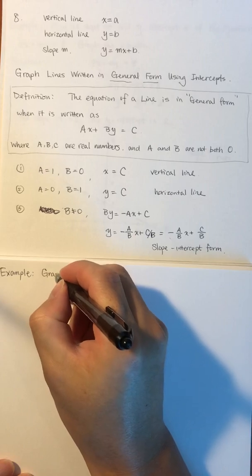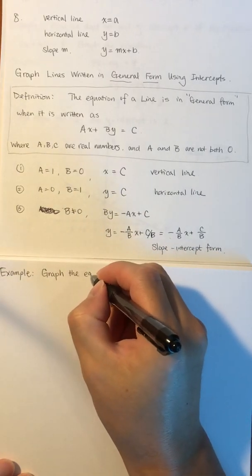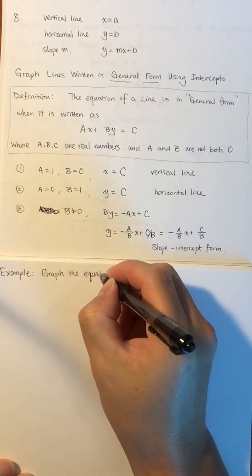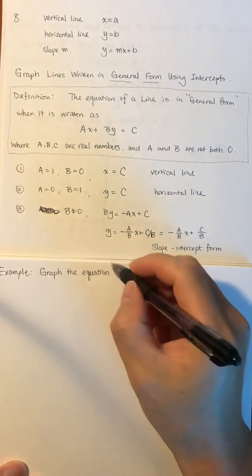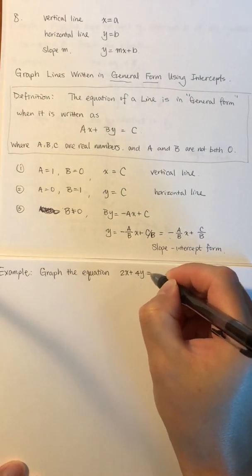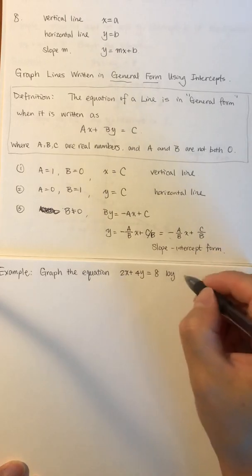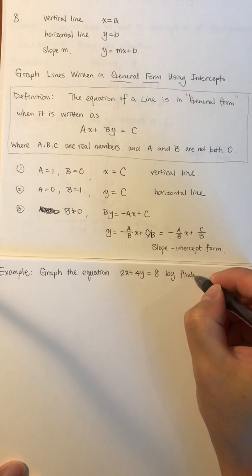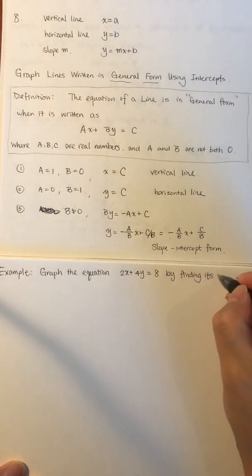Graph the equation 2x plus 4y is equal to 8 by finding its intercepts.